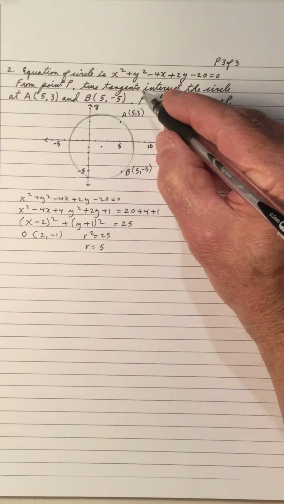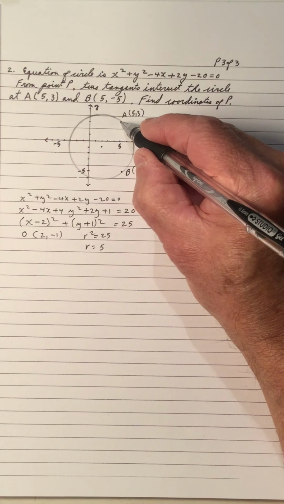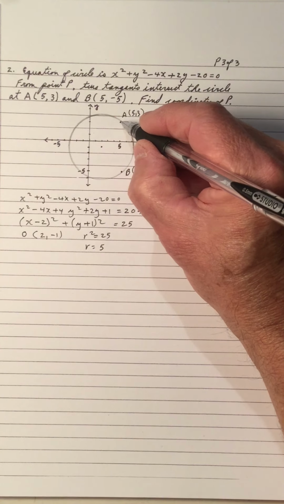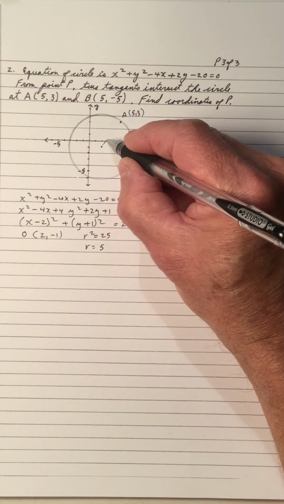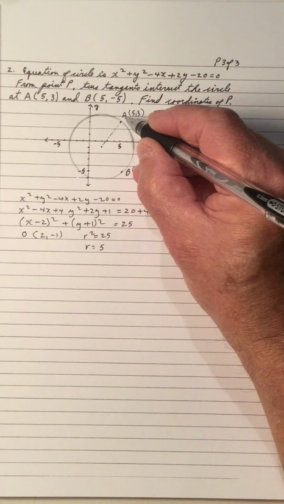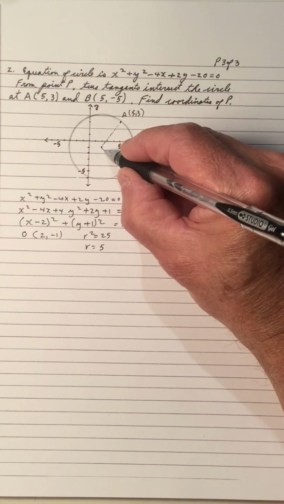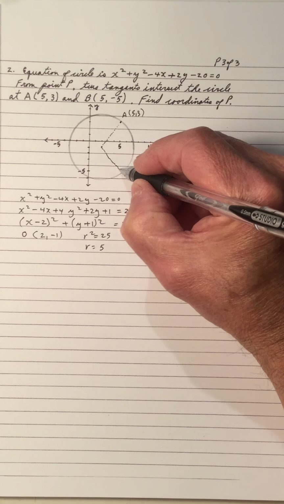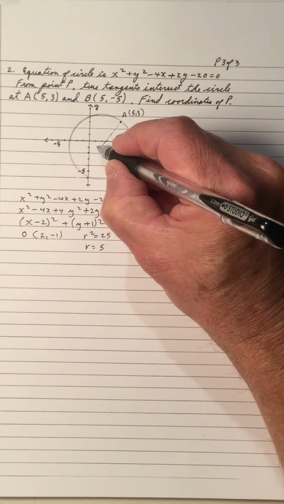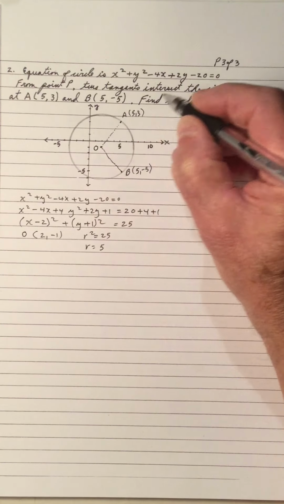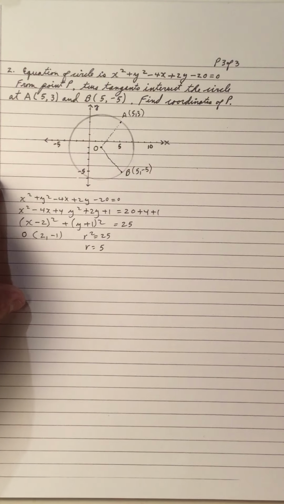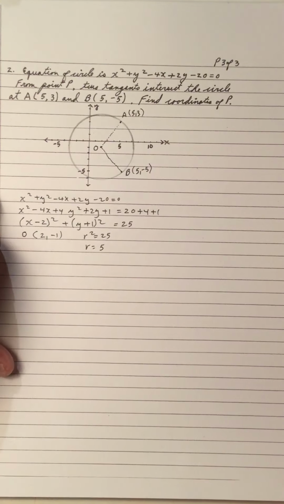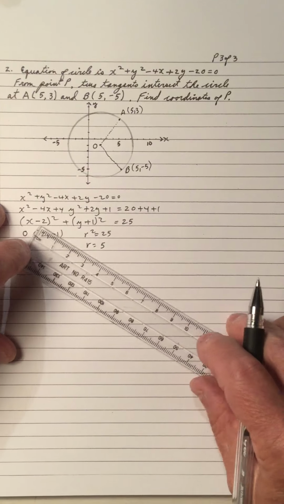So the tangents intersect the circle at one point. If we mark off the radius like that, and mark off this radius going to B, O is the center at 2, negative 1. So a tangent intersects the circle at a right angle.